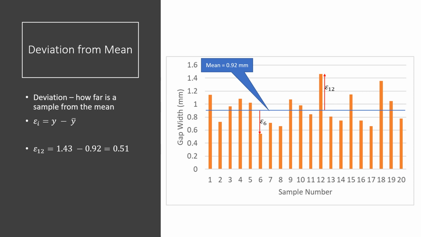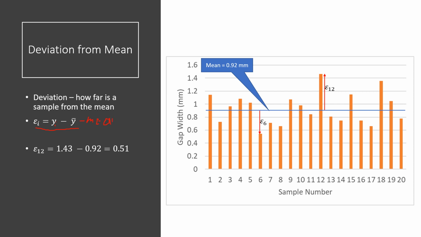Each one of those deviations, essentially how far you are from the mean, can be written as epsilon sub i equals y sub i minus y bar. This actually should have an i subscript on it. Y bar is the mean value, and y sub i is essentially a single measurement.